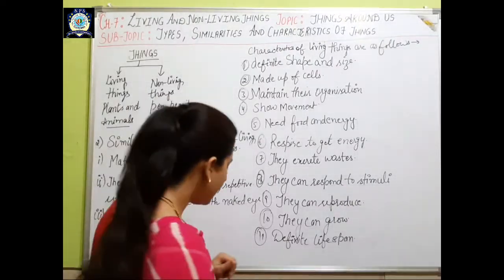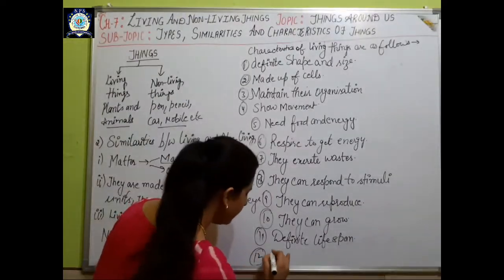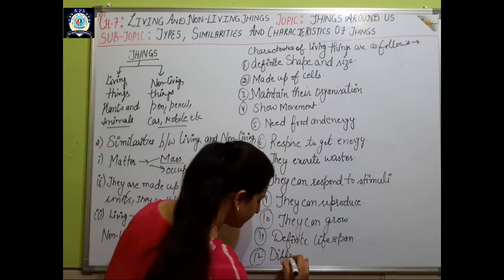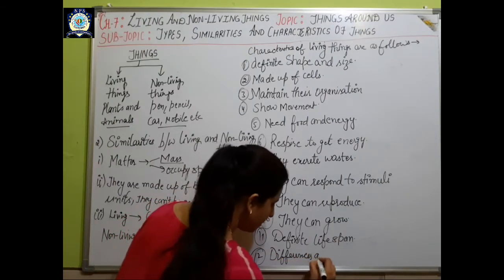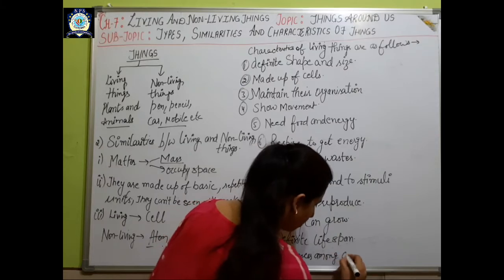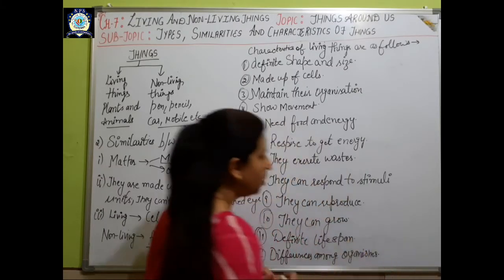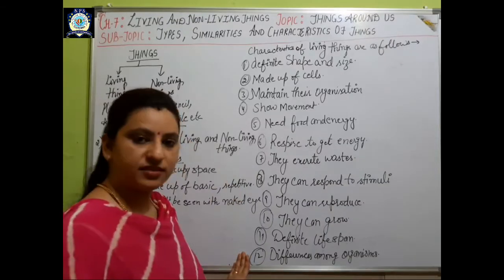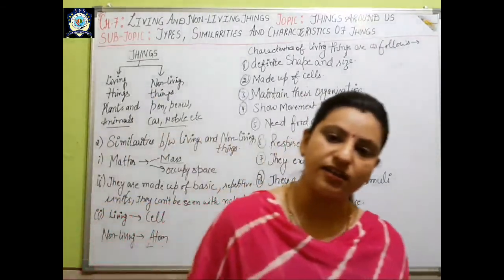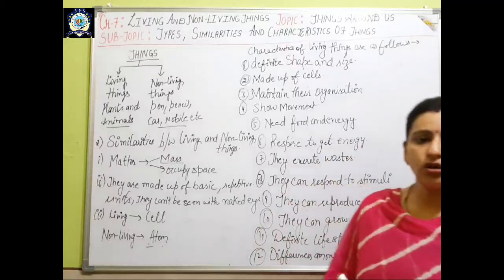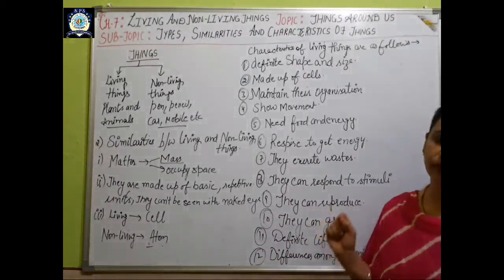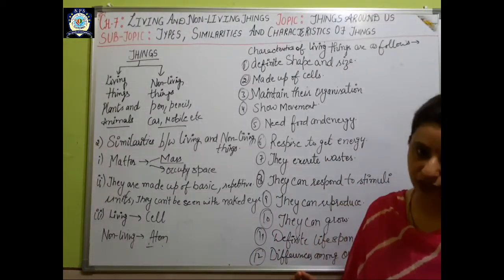And the last, 12th point, is differences among organisms. So these are the 12 characteristics of the living things, and we will discuss all the characteristics deeply one by one in our coming videos.